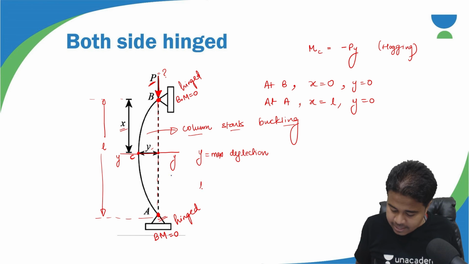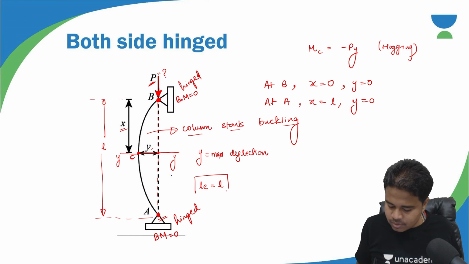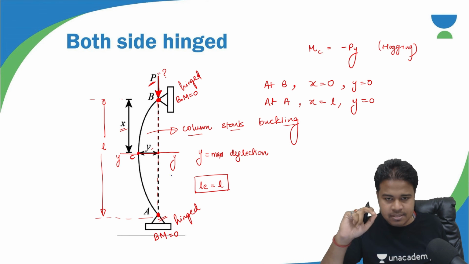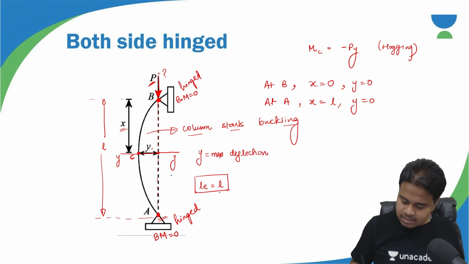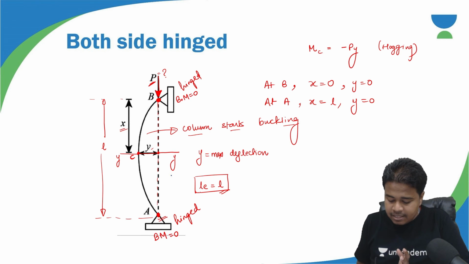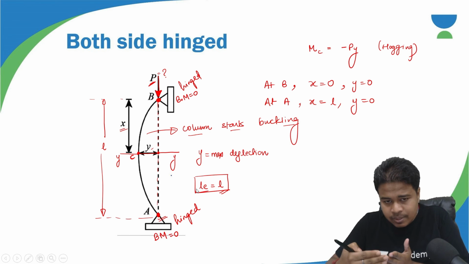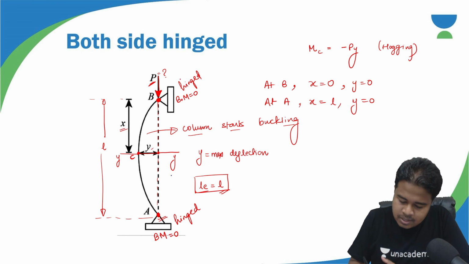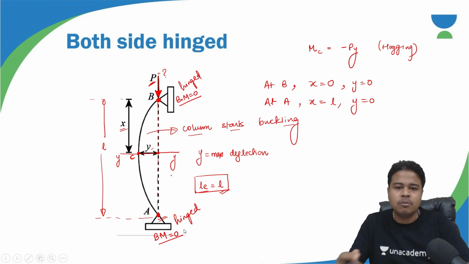So for this case we got L effective as L. If L effective is equal to L, that means, see, what did I say? L effective means the distance between the two consecutive points where bending moment is 0. So this is the two consecutive points A and B where bending moment is 0.